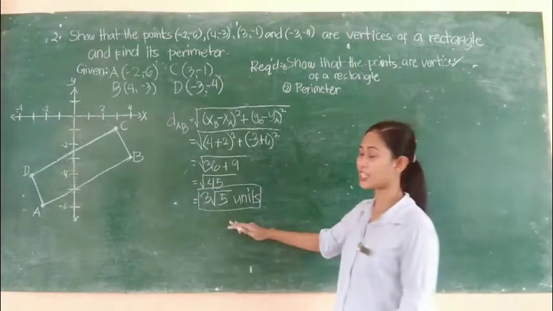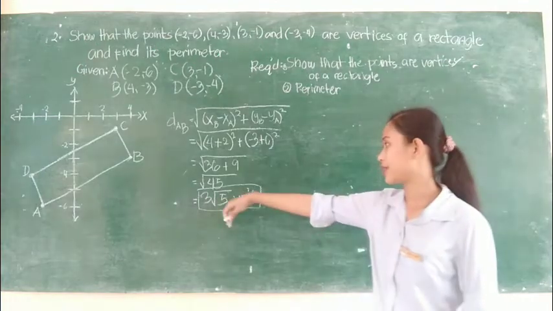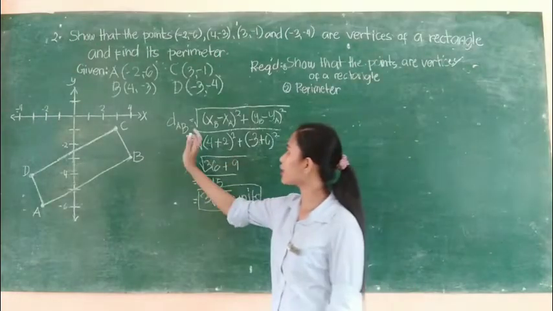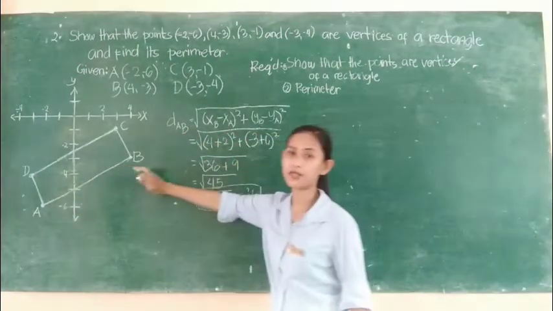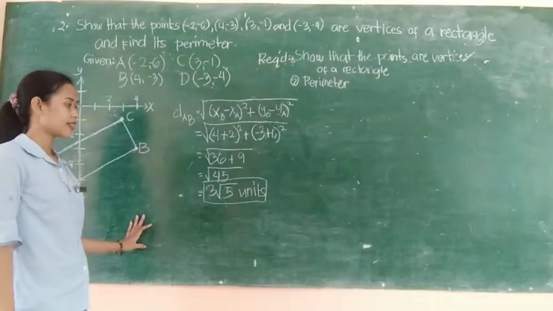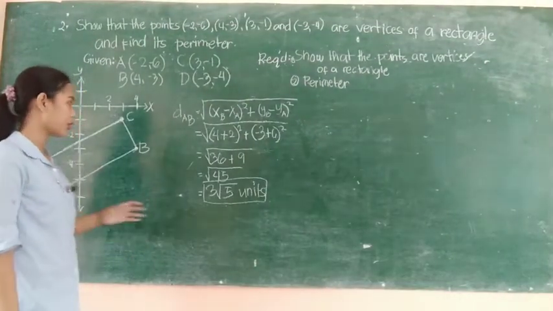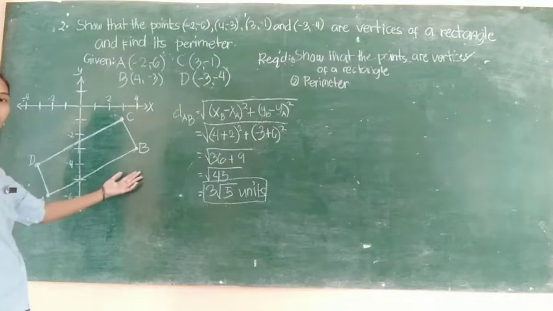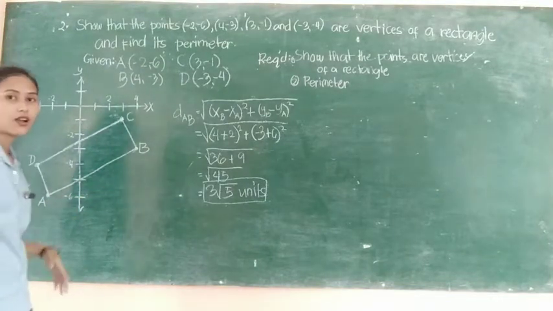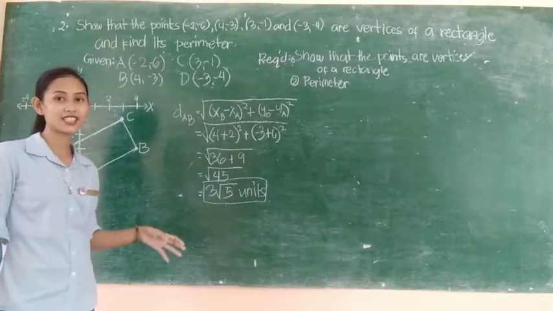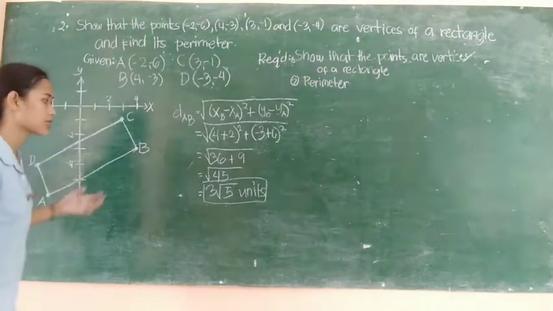So that is the answer for the distance of point A and point B. After we get the distance of point A and B, we will now proceed on finding the slope of these points.